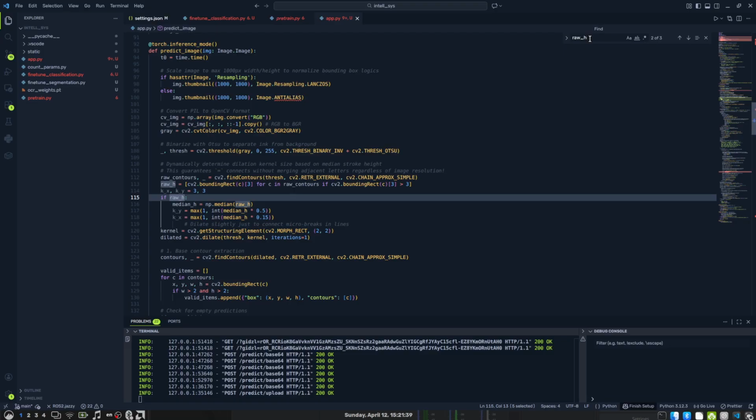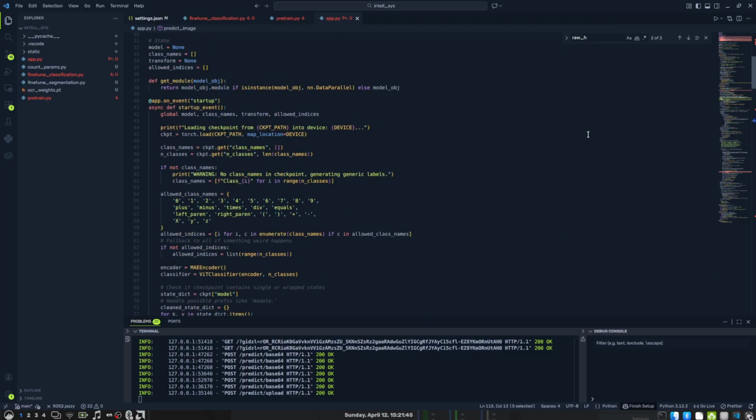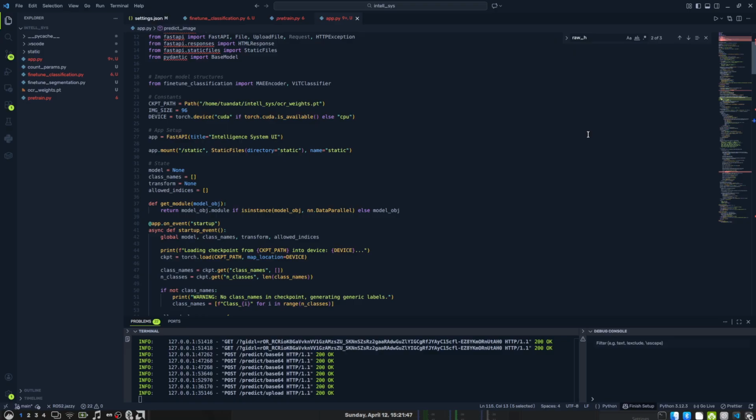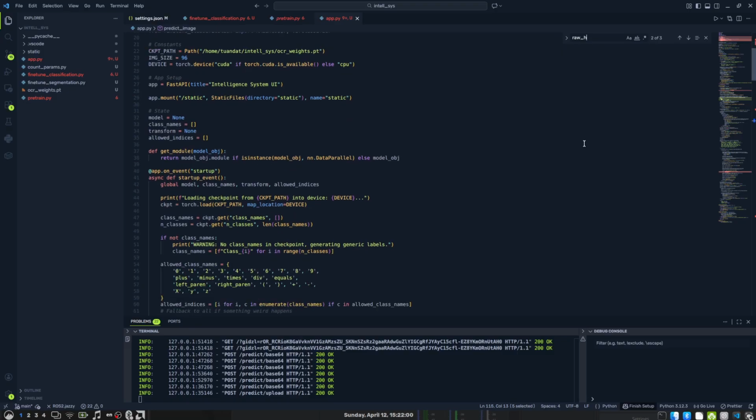Rather than running a second neural network for detection, I use a classical computer vision technique called Otsu. Otsu will binarize the ink, so the edges are extracted. The dilation kernel size is derived from the median height. Yeah, that's about it.